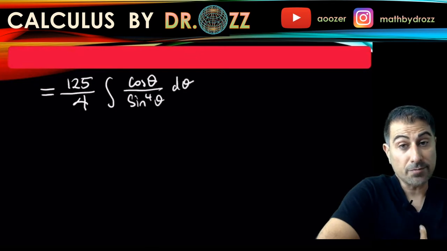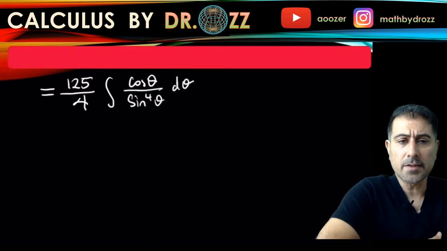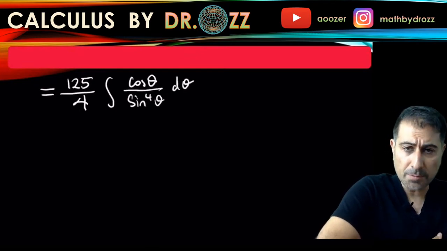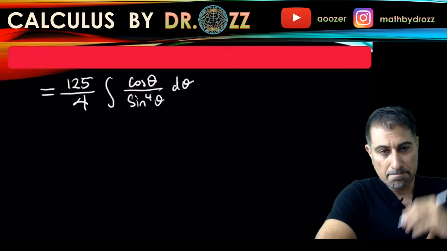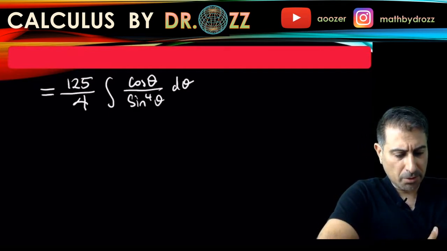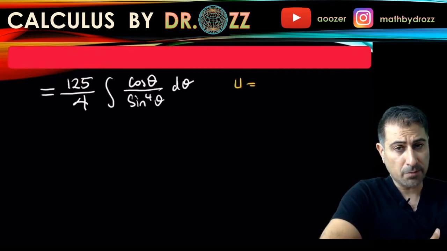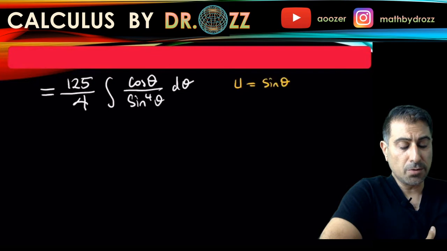So now I have to take care of this integral. This integral is a known integral. In fact, I can use a u substitution for that. I'm going to call the bottom sine, just sine, not together with the power, to be u, so that du is cosine theta d theta.